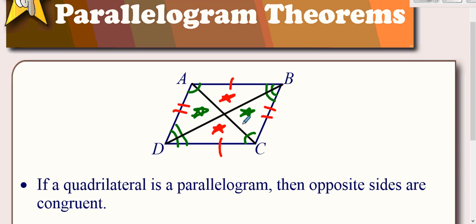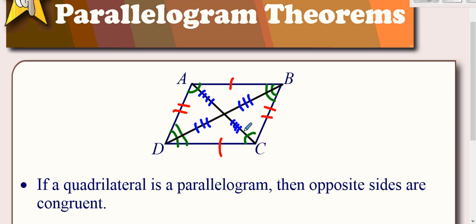It splits it into two different sets of congruent triangles, which means within those smaller triangles, those sides would match up and be congruent, and so would those sides.